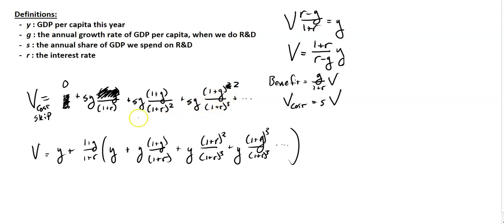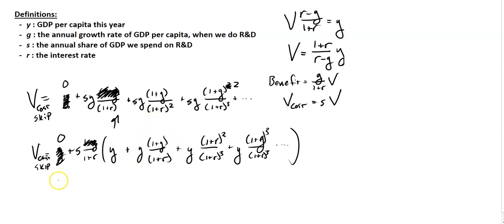So just as before, we can rearrange this equation and get something down here that is in terms of this V variable. We don't have to pull out a 1 plus g because that's in there. If we pull out the 1 plus r, and now we need to also add this s, and we need to change this to a 0. So we've got s divided by 1 plus r times V. That gets us back to here. If we multiply these terms by this, we get back to this guy here, and so on.